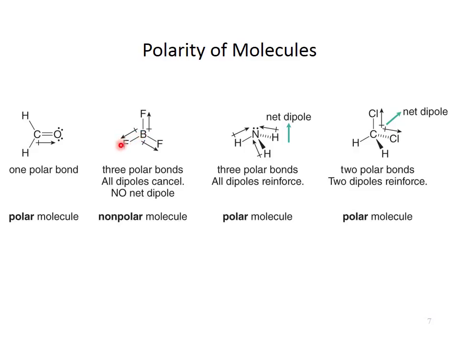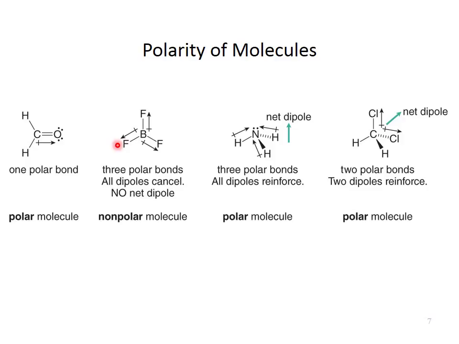Del negative, del negative, del negative, all on the fluorines. And then on the boron, you've got a del positive. However, even though the individual bonds are very polar, they all point in opposite directions, and they cancel each other out. So there's no net dipole.